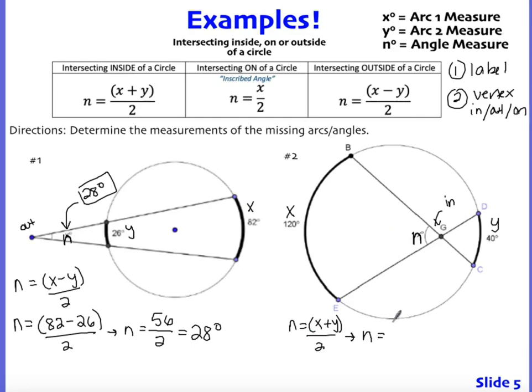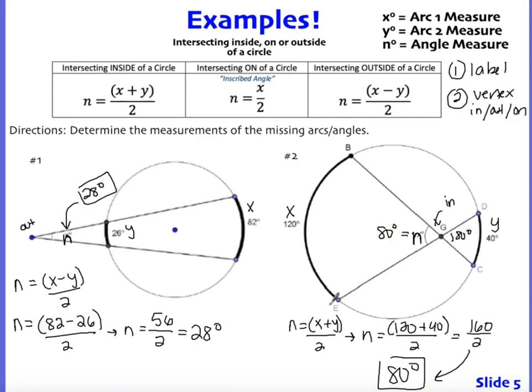We know x is 120, we know y is 40, and we know we're going to divide it by 2. 120 plus 40 is going to give us 160, and 160 divided by 2, that's going to give us 80 degrees. And that's the measurement of this angle. And if you remember from last week, it's also the measurement of this angle.